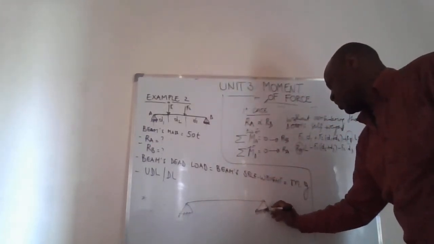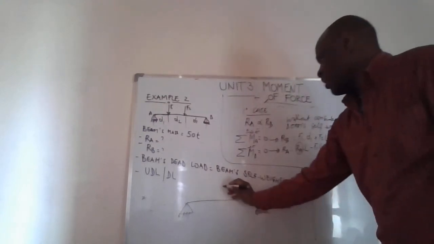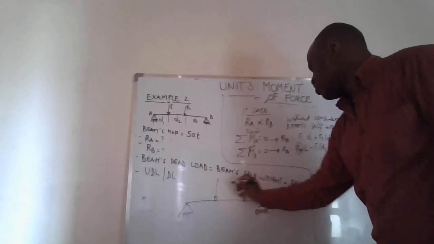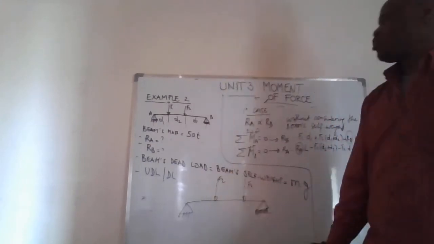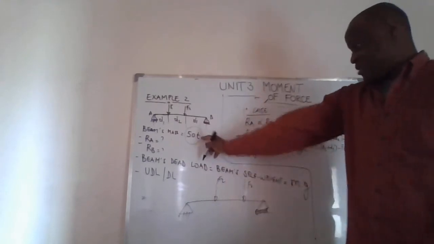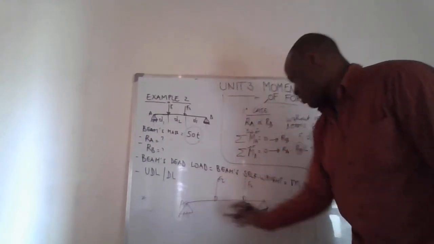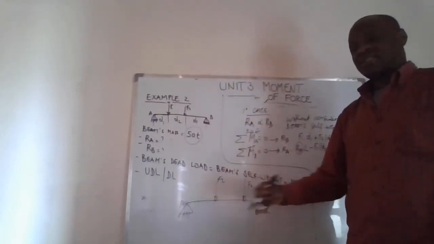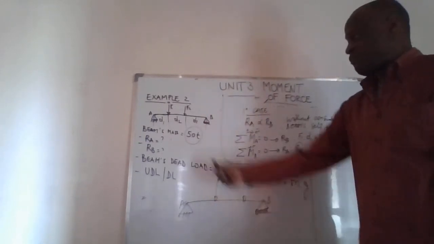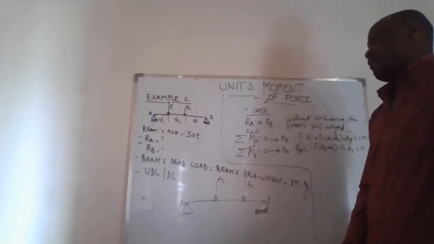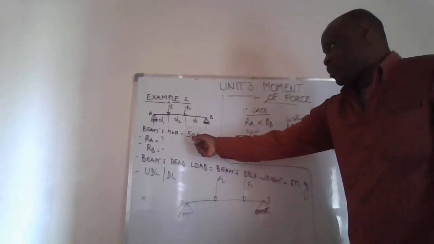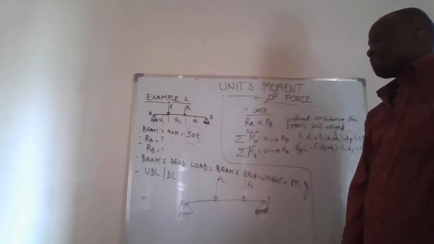In a situation like this, we have our load F1 and the load F2. Now, because we are given the mass of the beam, this mass will have an influence on the support. It will definitely subject the support to a certain influence. 50 tons is not that small.